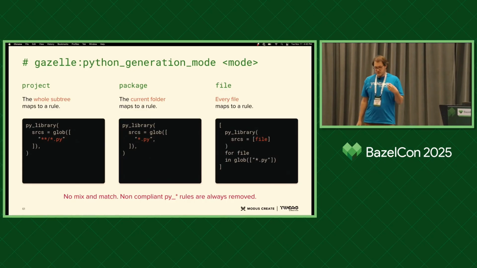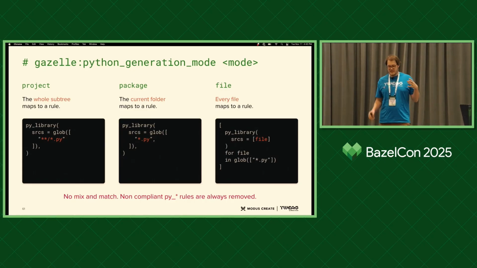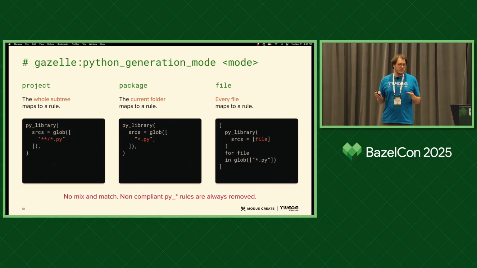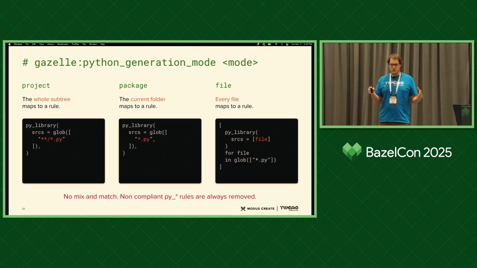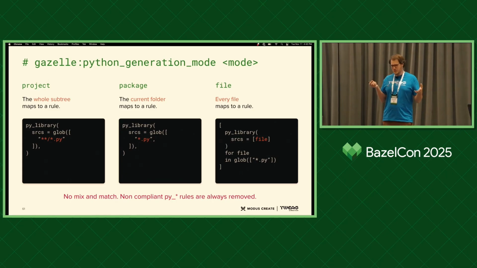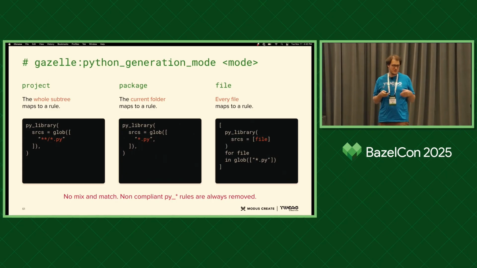The biggest issue with Gazelle is that it has three different modes, and you need to pick one, but you can mix and match. Either your whole subtree is a Python library, and then all the py files are one library, or it's just the current folder, and so all the py files in it are a library, or there is a file mode, which I thought would solve all my issues, but doesn't.